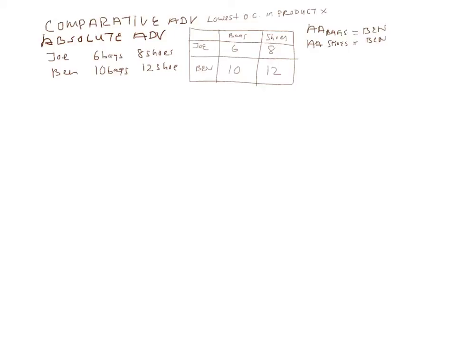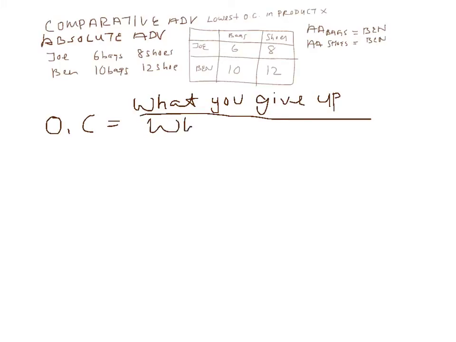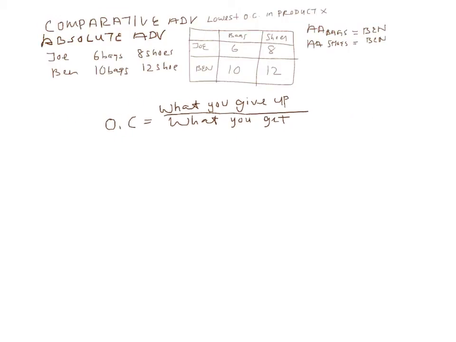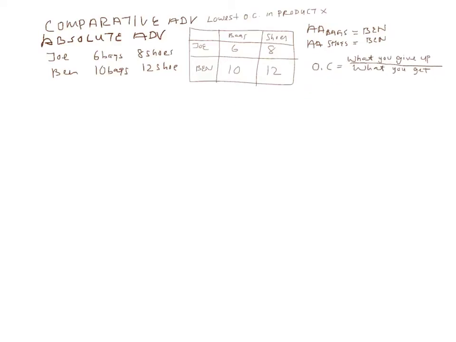Lecture slides showed us that opportunity cost is what you give up divided by what you get. So we can use this formula to find the opportunity cost.